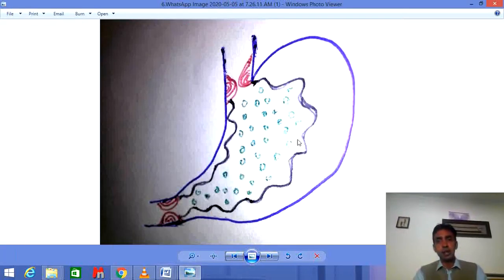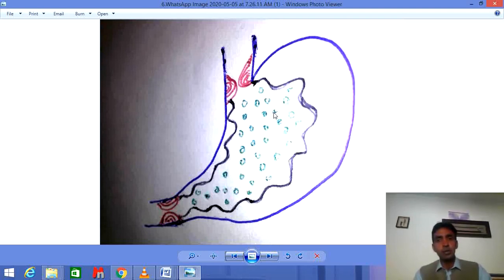This is wrinkled so as to give more surface to the food. The rugae give a large surface to the food for digestion and absorption. In the mucosal layer there are also small pores. Rugae are visible to the naked eye, without any aid, but you can't see these small pores.